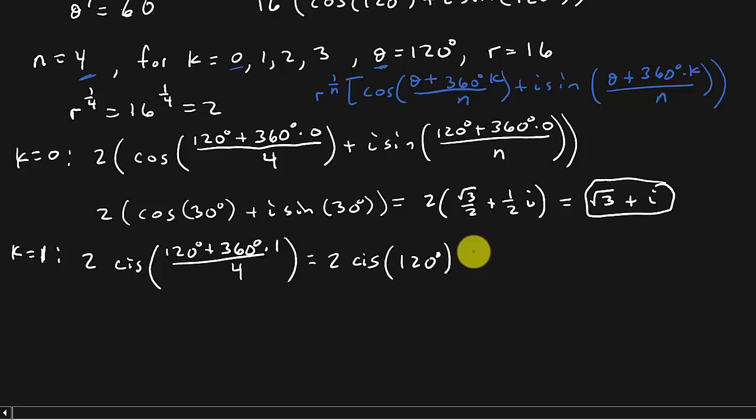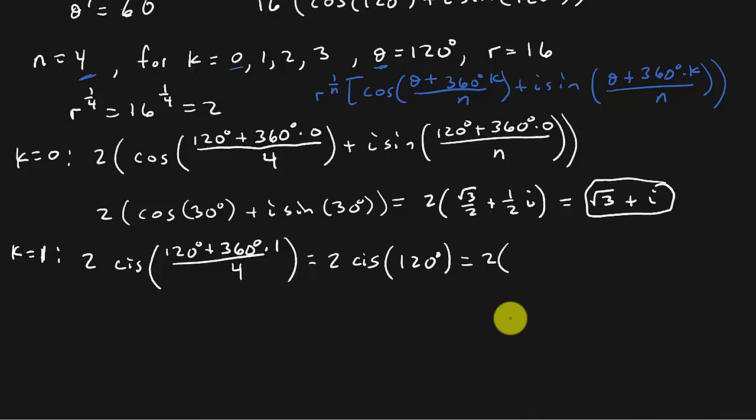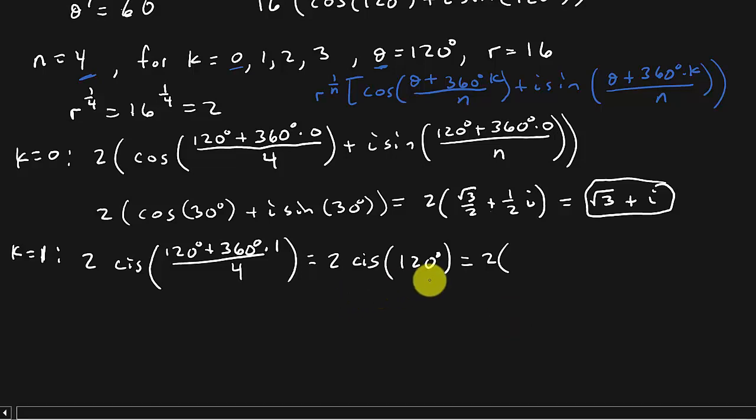Now remember here, you're doing 2 times cosine of 120 plus i sine 120. That's what this means. So this is going to be 2 times the cosine of 120. Now look, I'm not going to sit here and go through every one of these, drawing the reference angles out and all that stuff. You should know how to do that already. What's the cosine of 120? Well, the reference angle is 60.